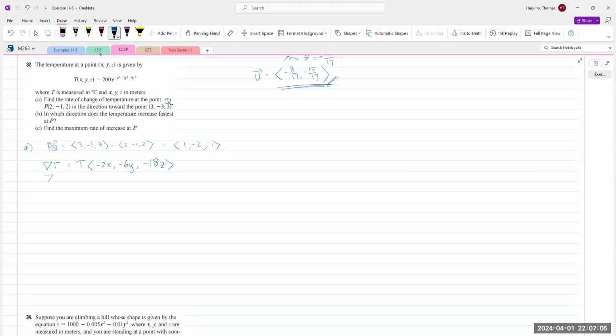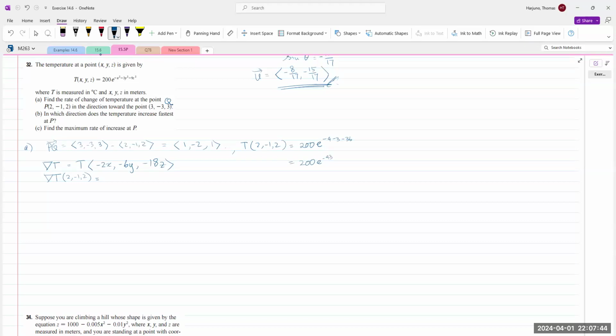So the gradient of the temperature function at 2, negative 1, 2: let's see what the temperature is at 2, negative 1, 2. The temperature will be 200 e to the negative 4 minus 3 minus 36, that will be 200 e to the negative 43.